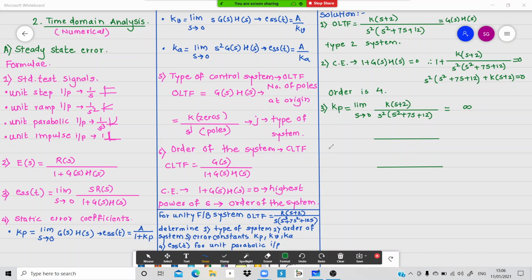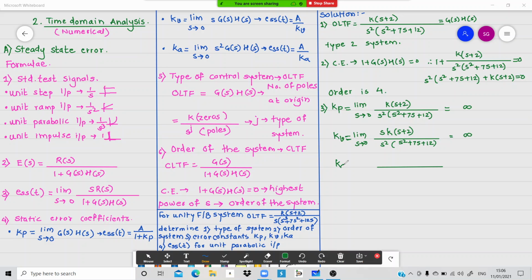this is tending to 0, will go in the numerator and will be infinite. Then for Kv, limit s tending to 0, same thing, only it is getting multiplied by s now, so we have to multiply by s: s K(s plus 2) upon s square plus 7s plus 12. One s will get cancelled out, still one s is remaining in the denominator, it will go up, it is going to be infinite.